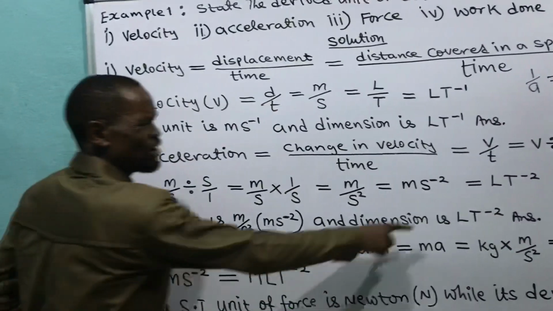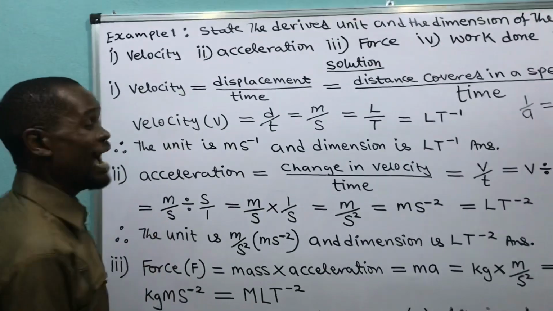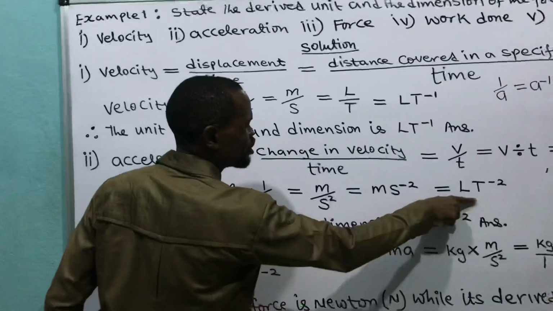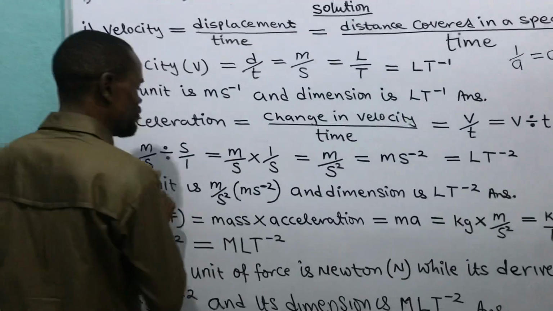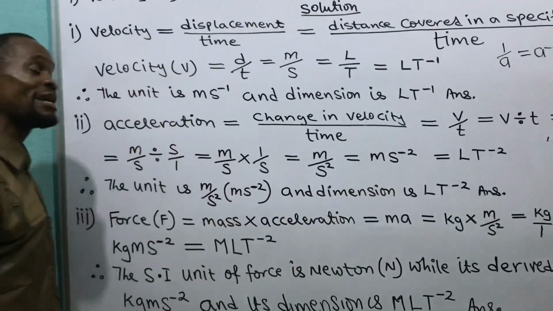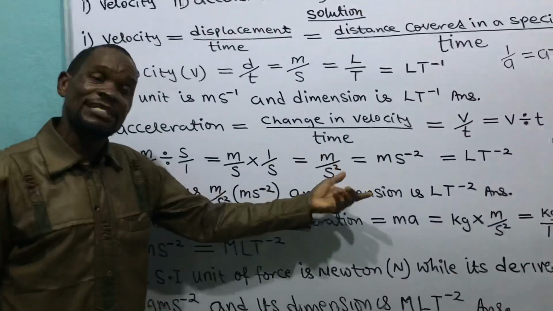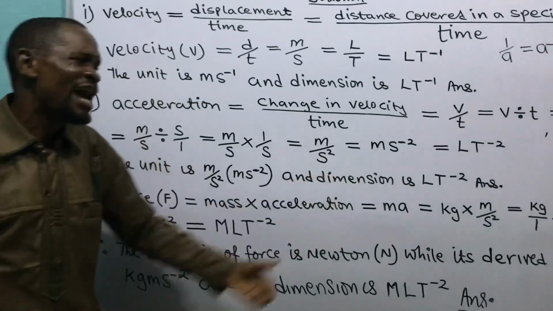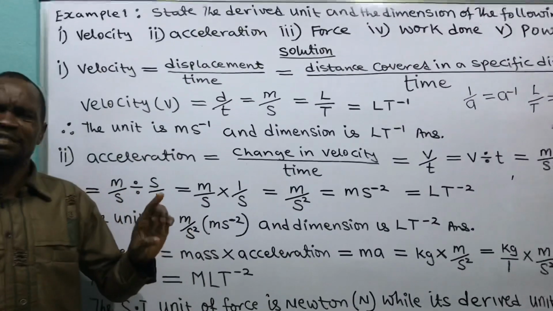You see that I cannot get a dimension without knowing the derived unit. You noted it. Without knowing the definition, I can't get the derived unit. Therefore, I'll first of all get the definition of a quantity before I can get its derived unit. And from its derived unit, I get its dimension. Do you get it clear here?